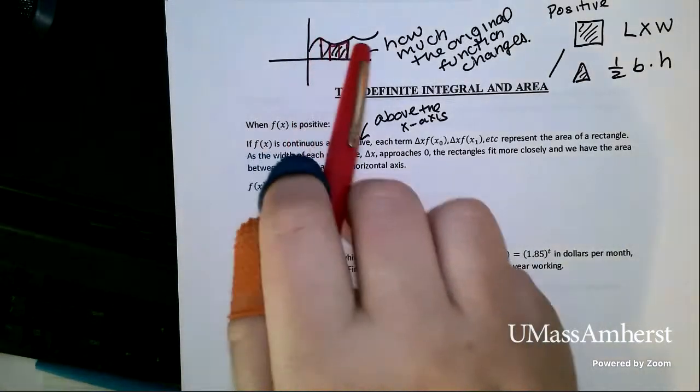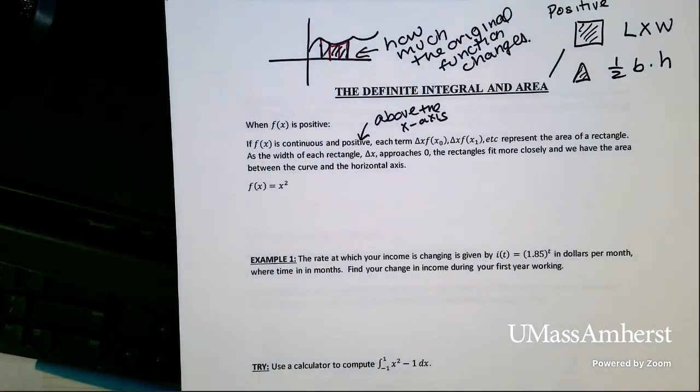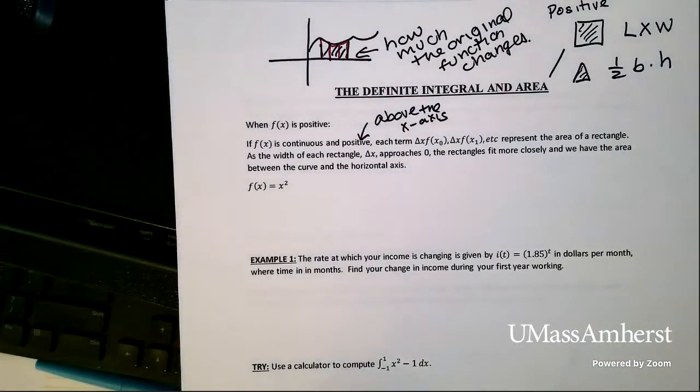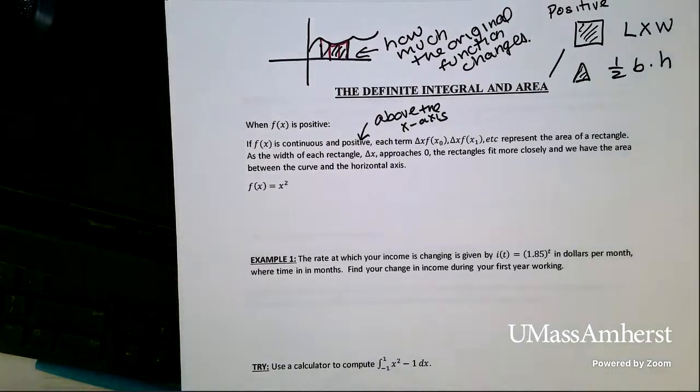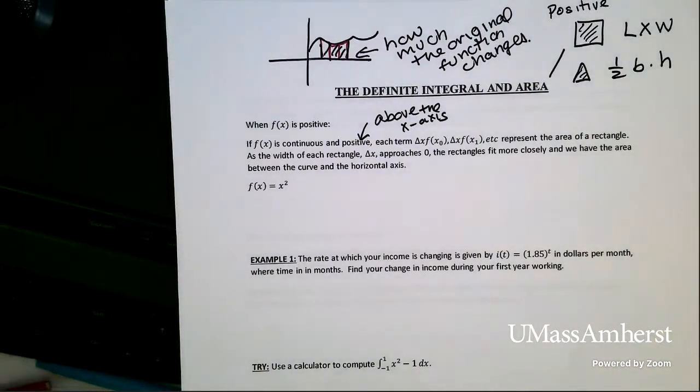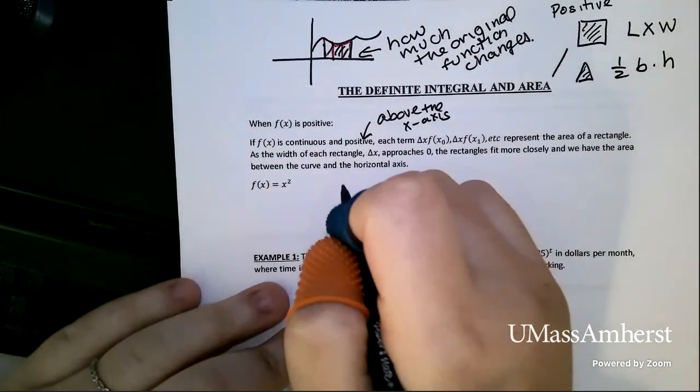These areas are going to be positive where the width, delta t or delta x, approaches 0, the rectangle fits more and more closely. And remember that the y value is also positive here in the way we're approximating.